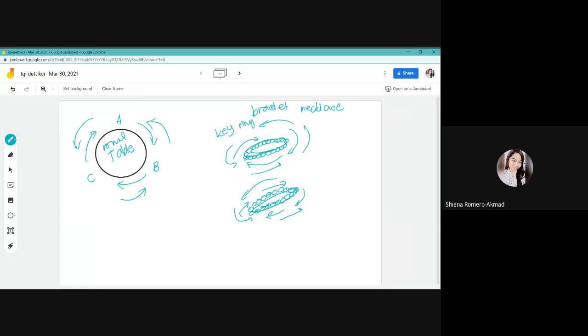Remember, kapag ganyan yung mga elements or objects na meron tayo, you cannot identify or you cannot distinguish. Hindi mo malalaman kung asan yung clockwise or counterclockwise.